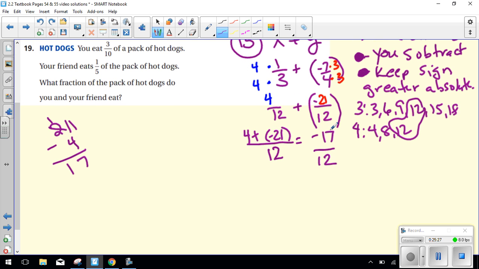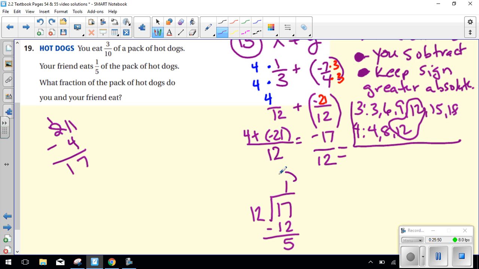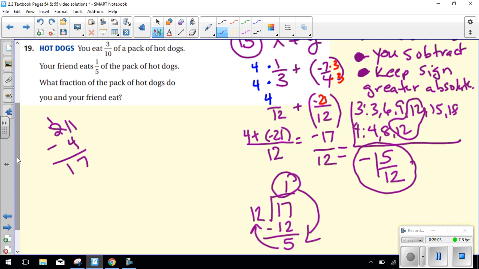Since this is improper, we're going to rewrite it as a mixed number. 12 goes into 17 one time, with 5 left over out of 12. So the final solution is negative 1 and 5 over 12.